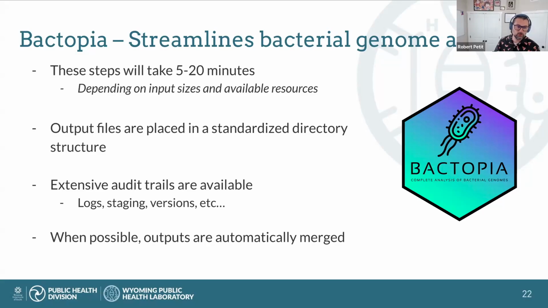And some tools actually perform worse when they have too much coverage. Basically, they can't differentiate a random error from a true error. These random errors accumulate with so much coverage. And like I said, depending on what resources you have available, it's obviously going to take longer to run on your laptop than on an HPC system.